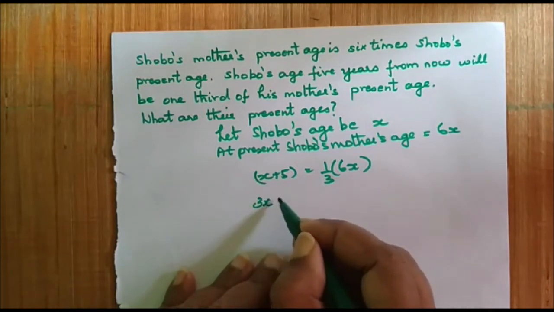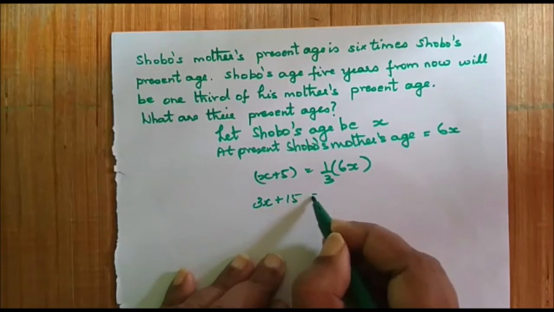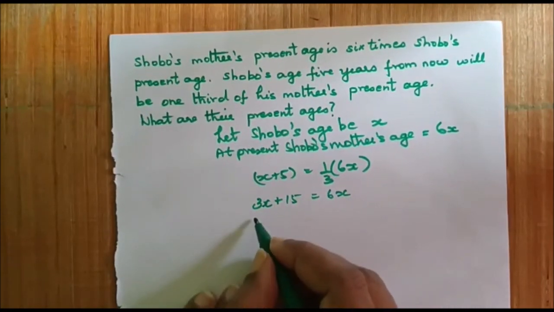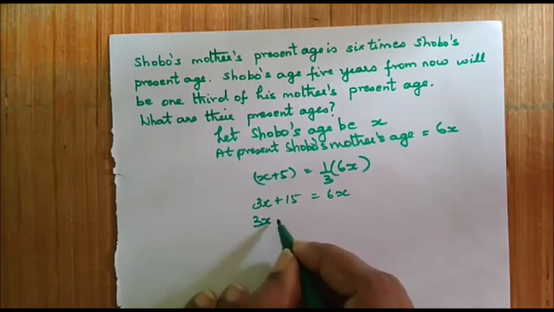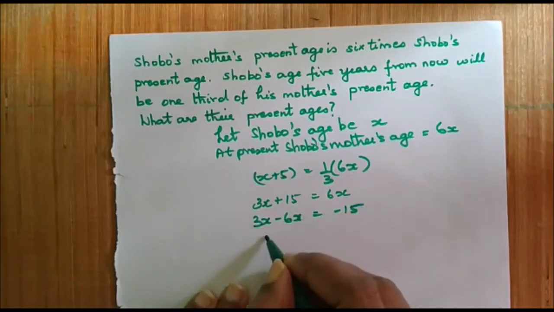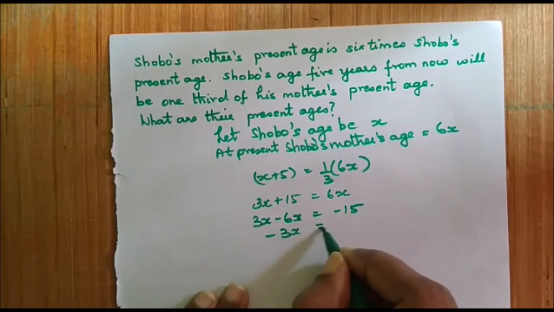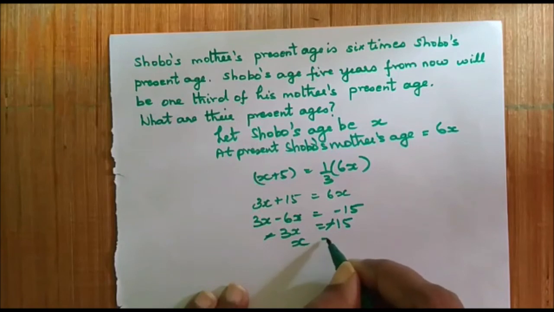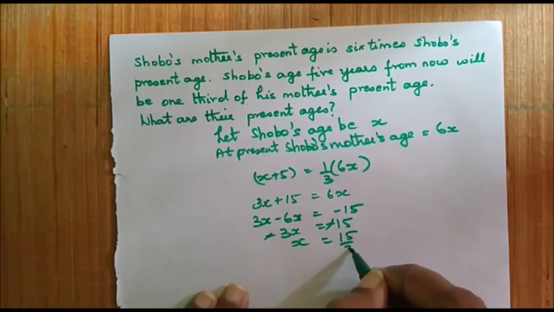It will become 3x plus 15 is equal to 6x, or in the other words, I have 3x minus 6x is equals to minus 15, or in other words, minus 3x is equals to minus 15. I'll cut off the minus on both the sides. So x is equals to 15 by 3, which is equals to 5.